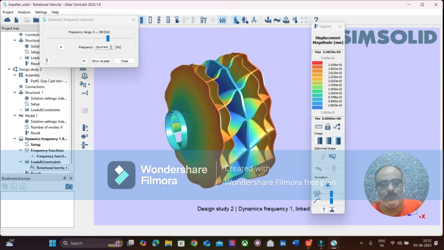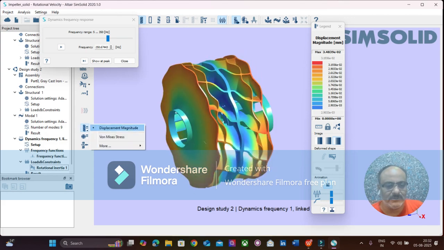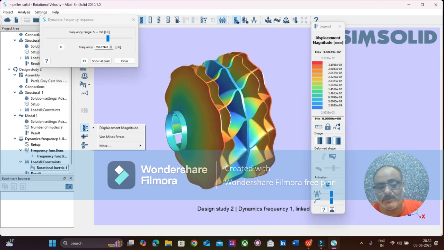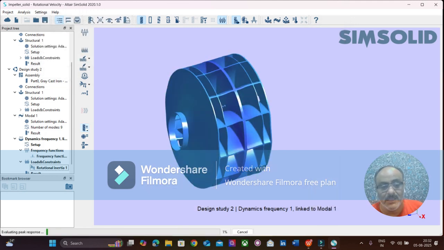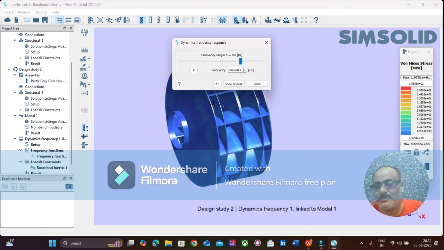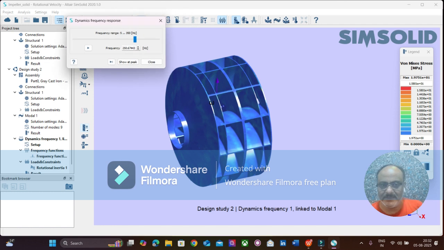Now let's see the stress values. Here is the displacement value of 0.03 mm, and now let's see the measured stress value. You will find the stress value is about 15.8. So it is still safe. Now, when the rotational velocity of 800 rpm is applied onto the structure on a certain impulse dynamically, there is a difference between applying a load statically and dynamically.